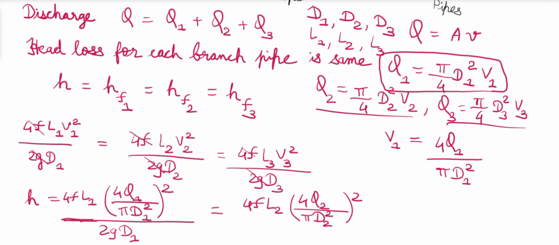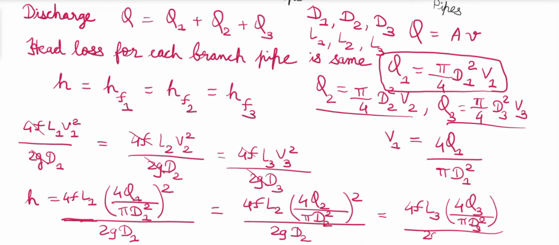That's why we'll just take this 4F L2 into, instead of V2 it will be 4Q2 upon pi D2 square whole square upon 2G D2 is equal to 4F L3 into 4Q3 upon pi d3 square whole square divided by 2g d3.